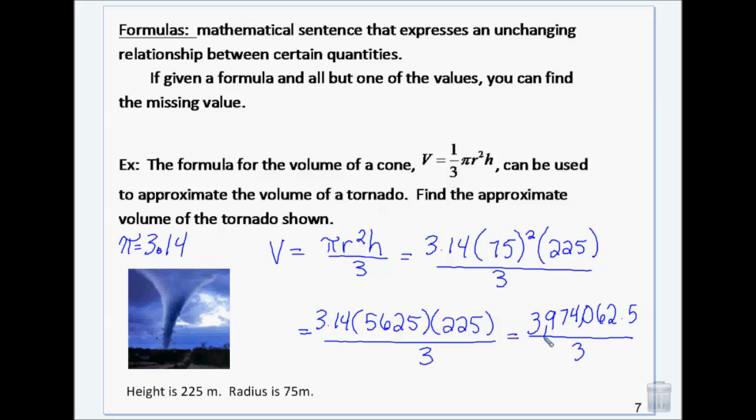And then I divide that by 3. And I get 1,324,687.5 meters cubed. Volume is always cubed.